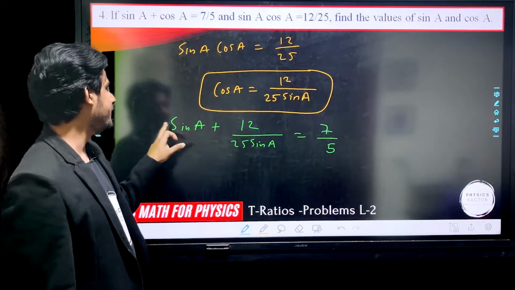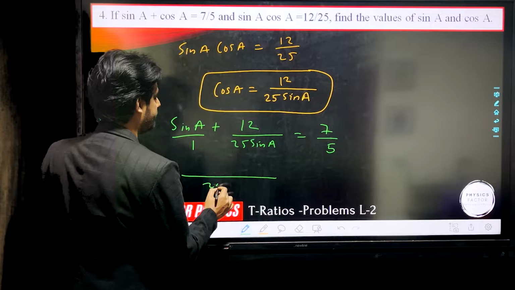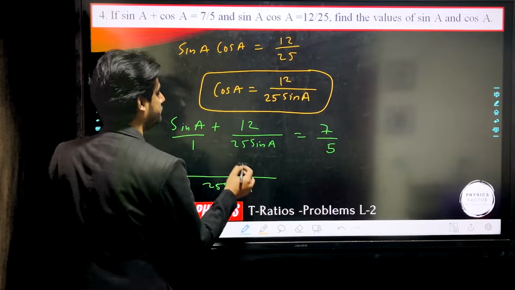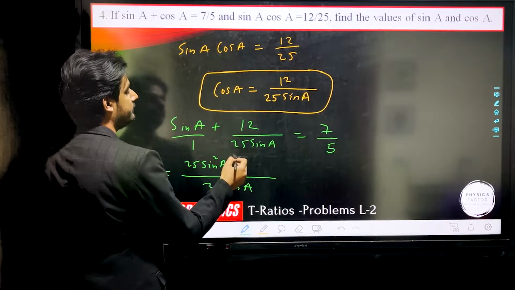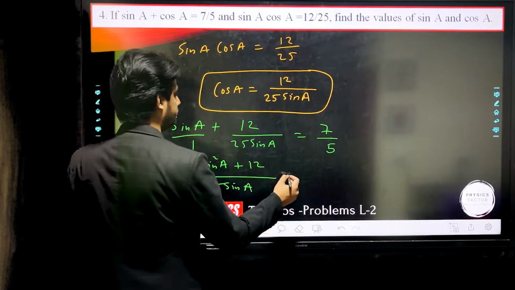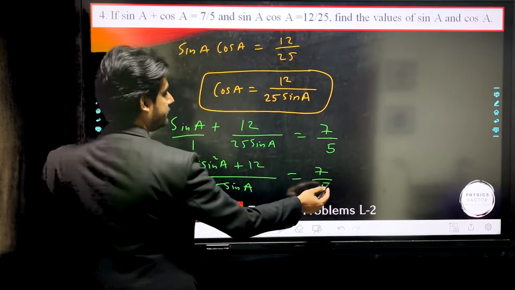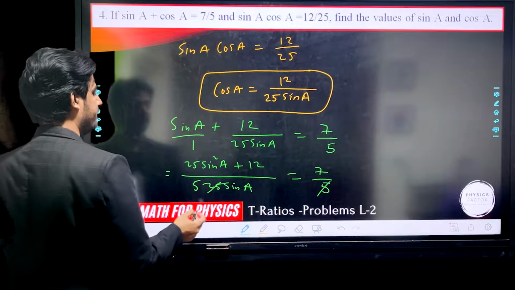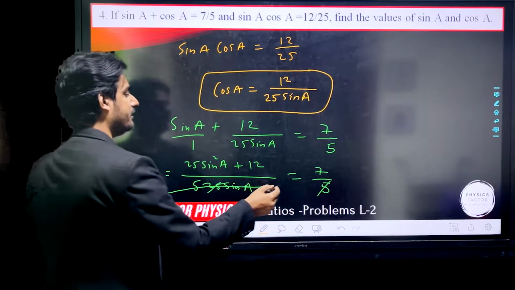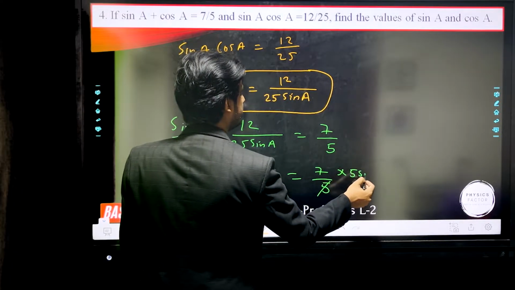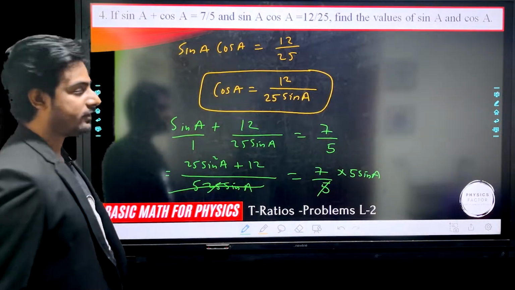So we'll take the LCM. So 25 sin A, and 25 sin square A plus 12 equals 7/5. Let's see if something gets cancelled. Here 5 and 5 get cancelled, and this entire 5 sin A we can put here in multiplication, 5 sin A. So that becomes 35 sin A. So we'll get a quadratic equation.